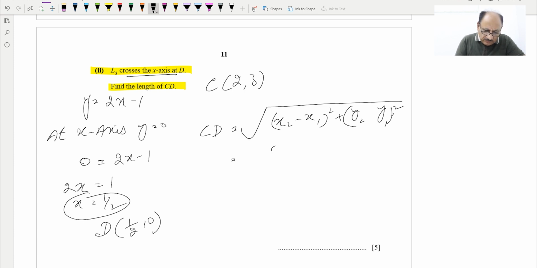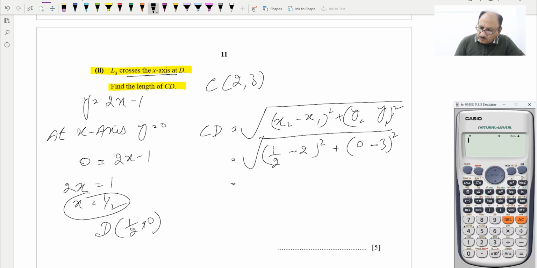So x2 will be 1 by 2 minus 2, squared, and plus y2 will be 0 minus 3, squared, all under root.